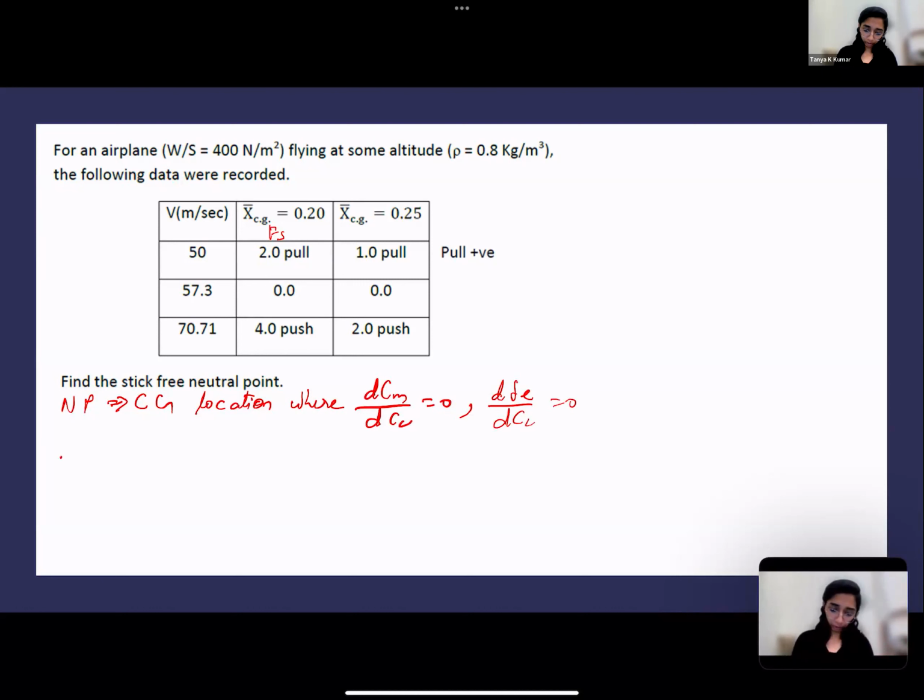Now, stick-free neutral point, we discussed this in the previous question. It is the CG location where, what is the condition?